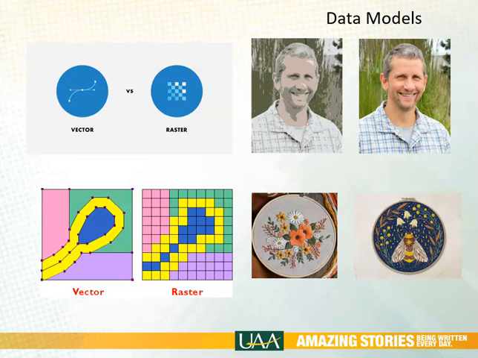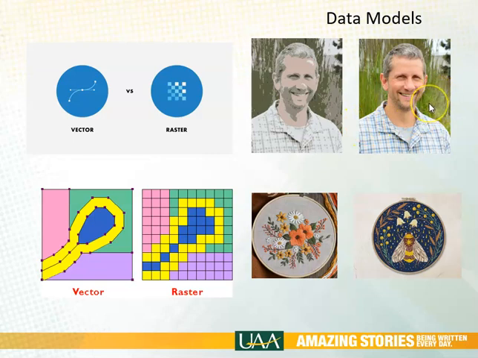I've collected a couple of things here for you to get a sense of this. Vectors are all built on lines and points and little areas. Rasters, on the other hand, are tiny little squares of information. And the photo of me in the upper right-hand corner here is a fairly good example of this.